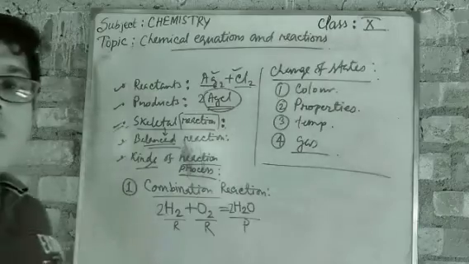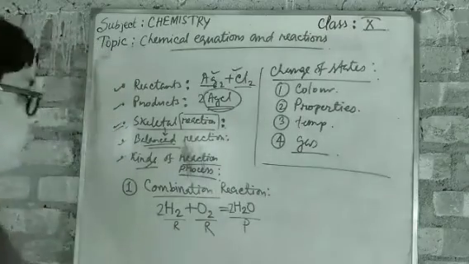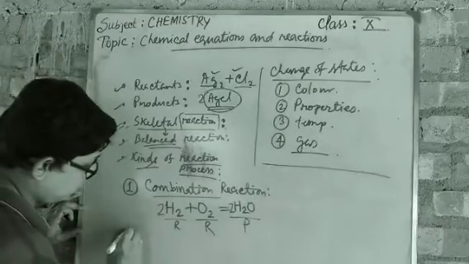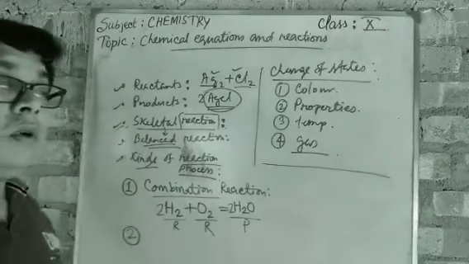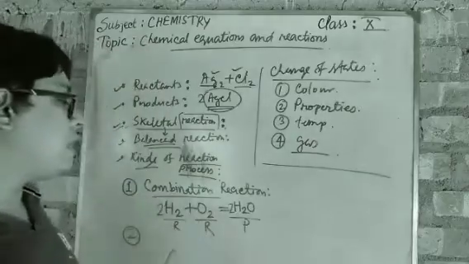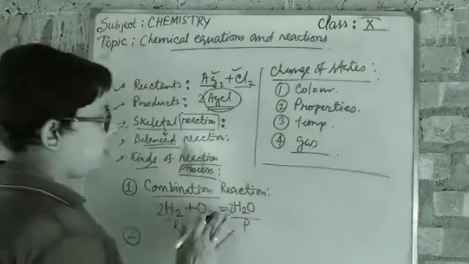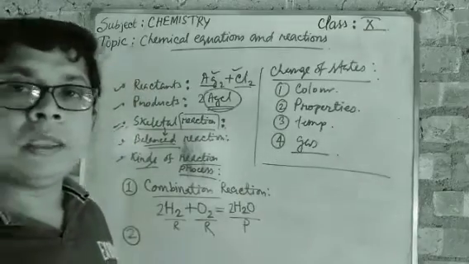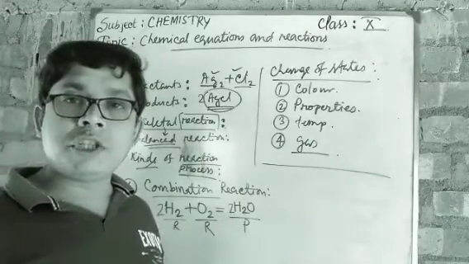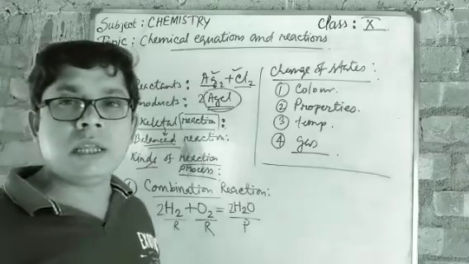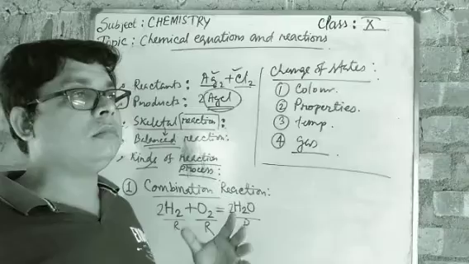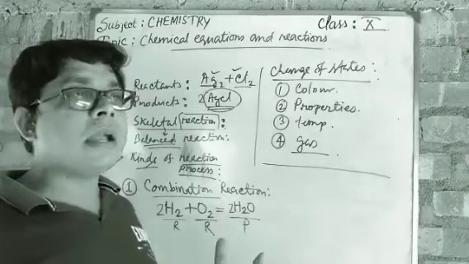Okay, now we will go for the second reaction. Here one thing to say: in these kinds of reaction, normally I have done H2 plus O2 equal to 2H2O. Here I haven't mentioned whether temperature is needed or not, whether bright light is needed or not, or some kind of medium.